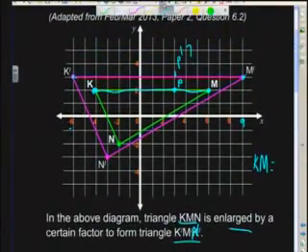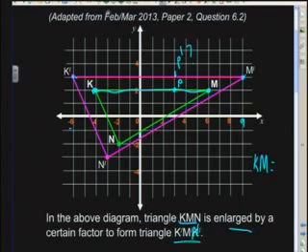Okay, let's use green. They say that this point M here is a reflection of this point K, and they want to know a reflection in what line.